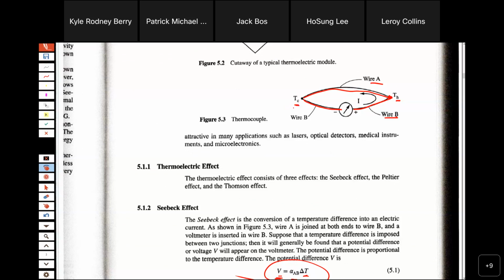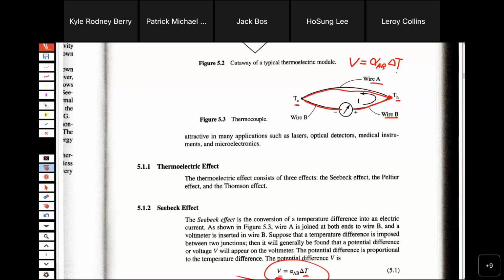So according to voltage, A and B, because I'm saying A and B, the Seebeck coefficient, and the temperature difference.